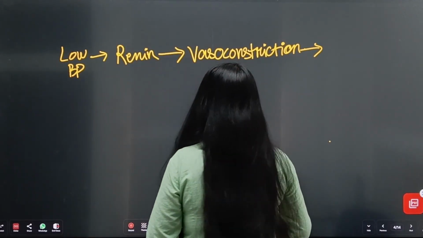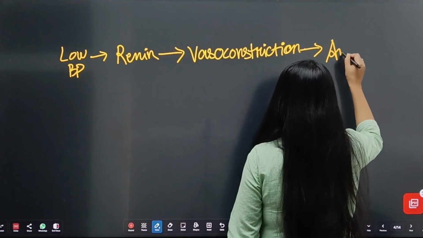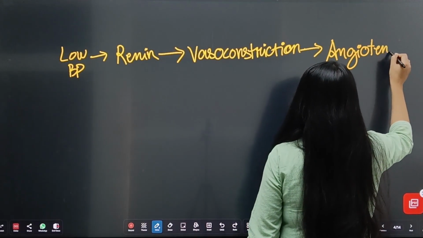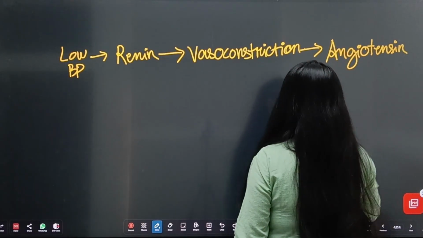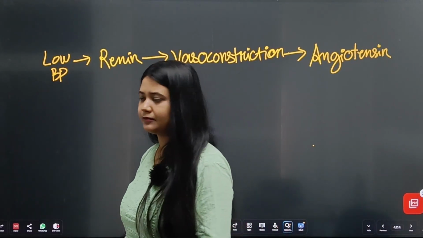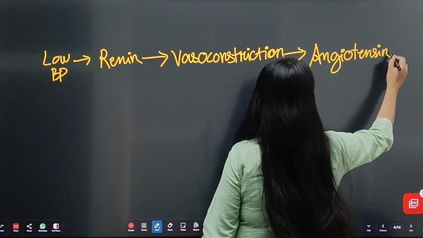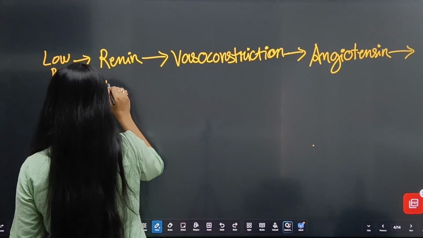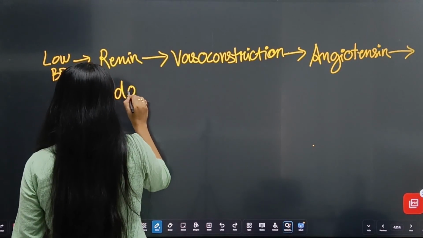Angiotensin, yes, angiotensin will be released. Hobo? Yes. This will lead to what? This will lead to again what? Release of aldosterone, isn't it? Aldosterone. Yes.